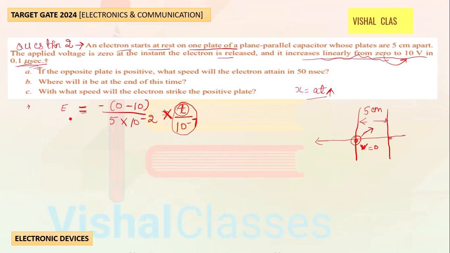The electric field is 2 into 10 raised to power 9 t volt per meter.